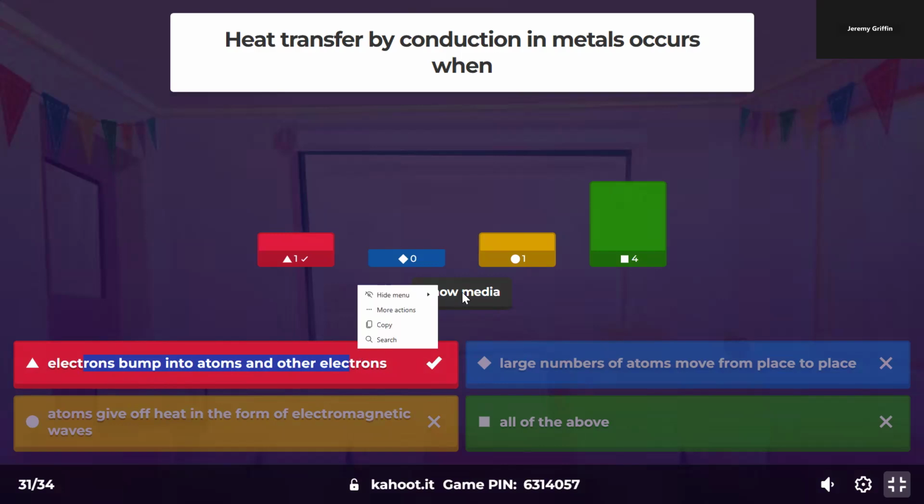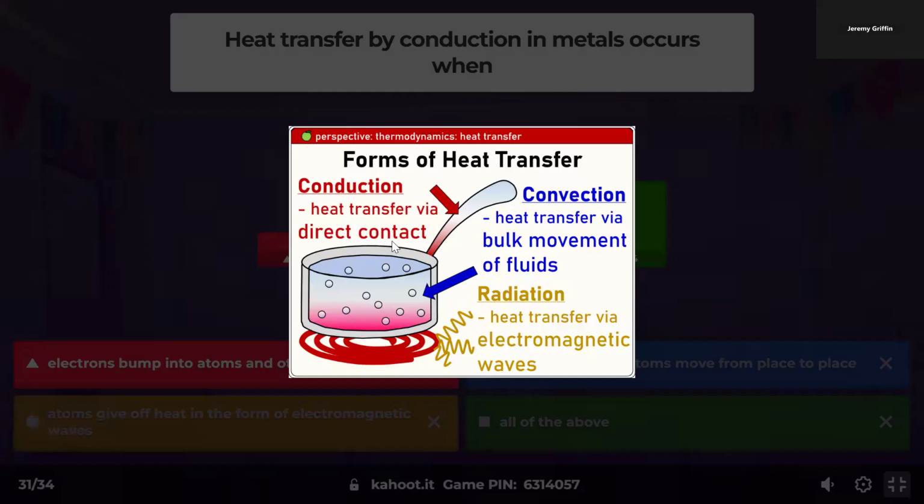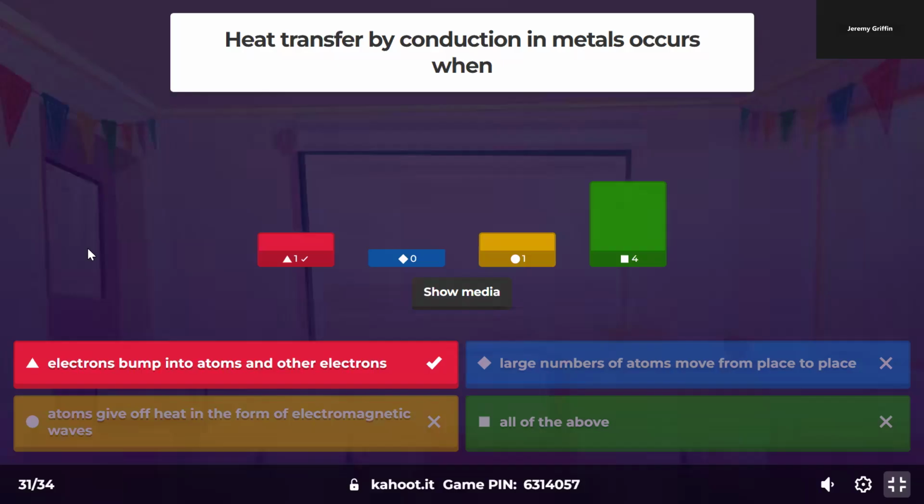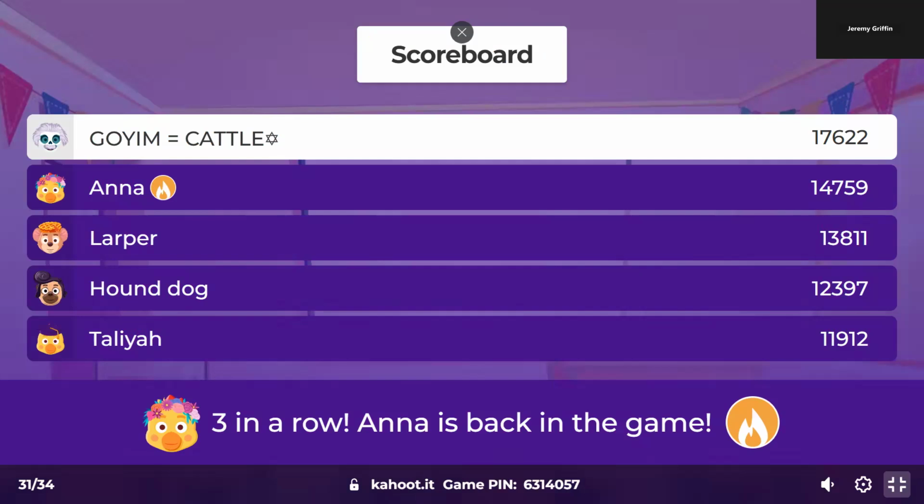There are three main types of heat transfer, and conduction is direct contact. Really, anything you directly touch is electron clouds against electron clouds. If you pick up a pencil and start writing with it, the electrons on the surface of your skin are touching the electrons of the pencil. So direct contact. This gold one's radiation. This blue one looks like convection. We've got a few questions left here.